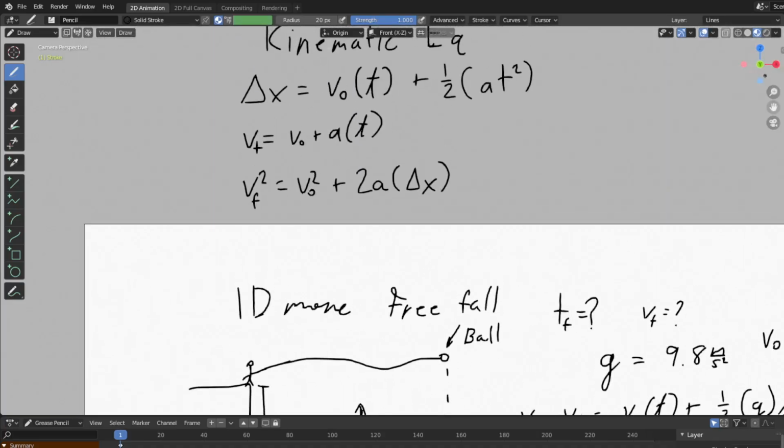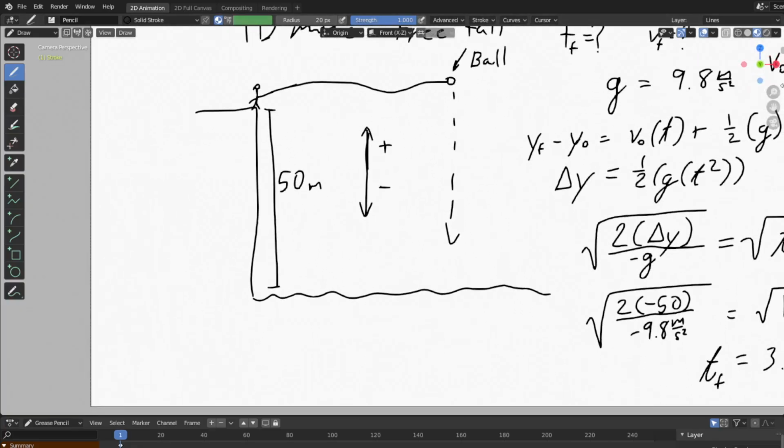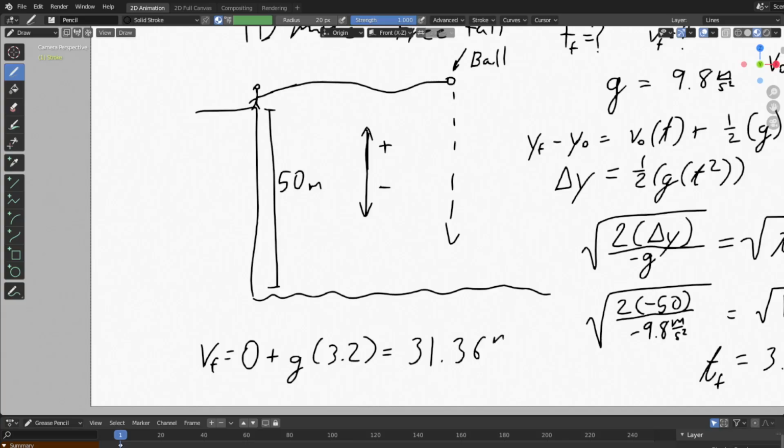So let's say this one's not really going to need a derivation because it's just v naught, which is 0, plus acceleration, which is g, times time, which we know is 3.2, which is equal to 3.2 times 9.8, equals 31.36 meters per second.